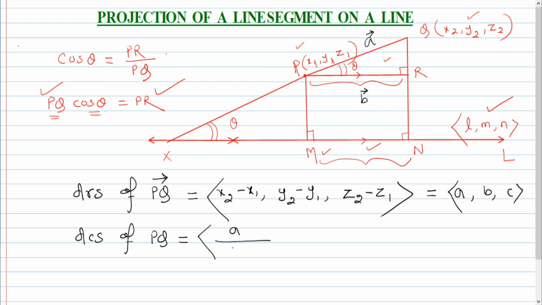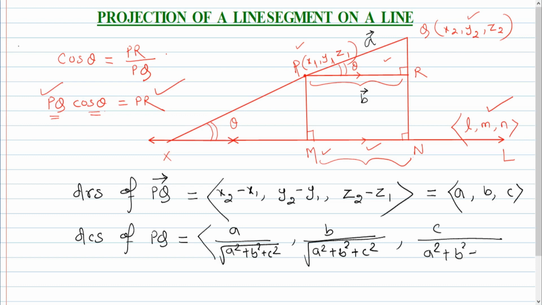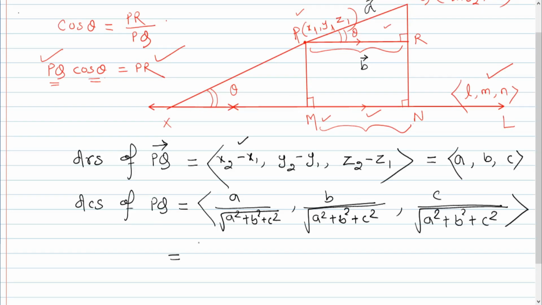That is a by root over a square plus b square plus c square, b by root over a square plus b square plus c square, and c by root over a square plus b square plus c square. Here a is x2 minus x1, so the denominator is root over x2 minus x1 whole square plus y2 minus y1 whole square plus z2 minus z1 whole square.